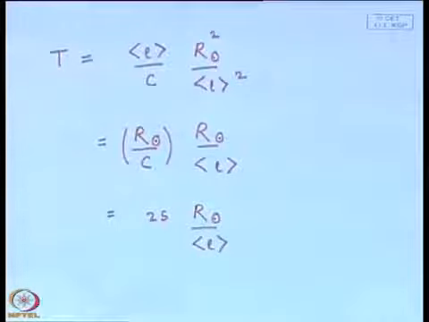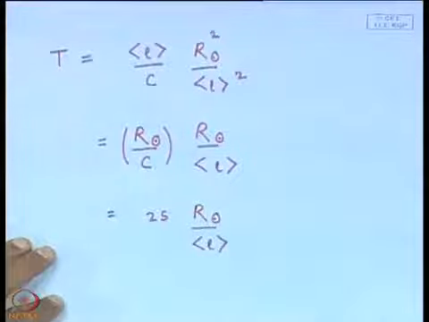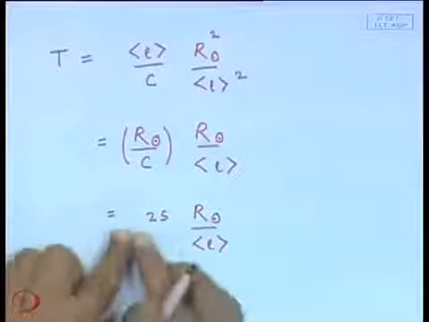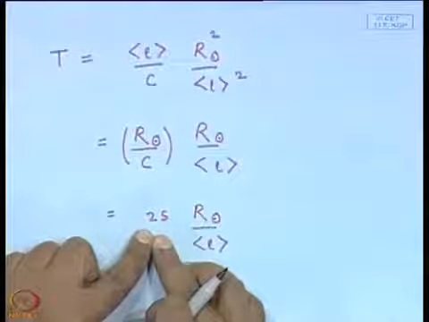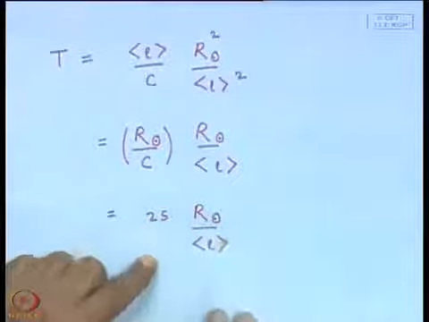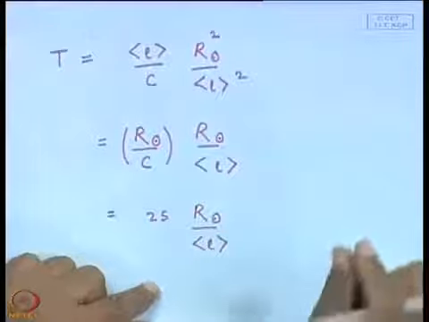So, let me remind you what we are discussing. If the photon propagates freely from the center of the sun outwards, it will take barely 2 seconds to come out, but it cannot propagate freely. It gets scattered after traveling roughly every half a centimeter or whatever, 1.7 centimeters, it changes direction.